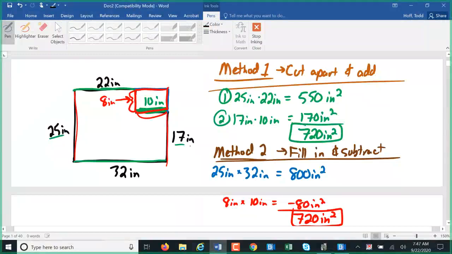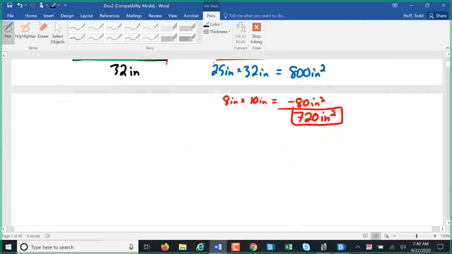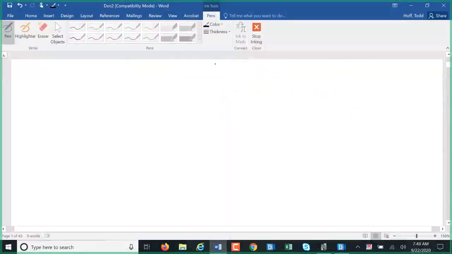Now in a shape like this, it's about the same amount of work either way. To cut it into pieces, add them together, or fill in the missing spots and subtract it back out later. There are some pieces, however, that are going to be considerably easier one way or the other.